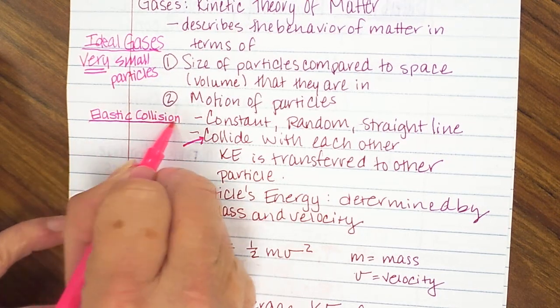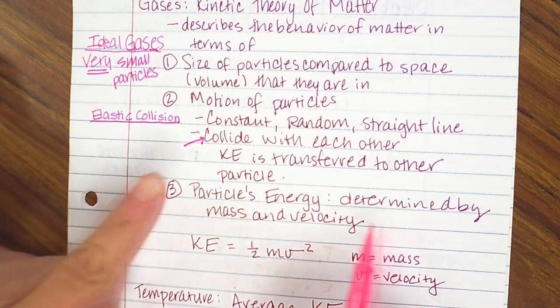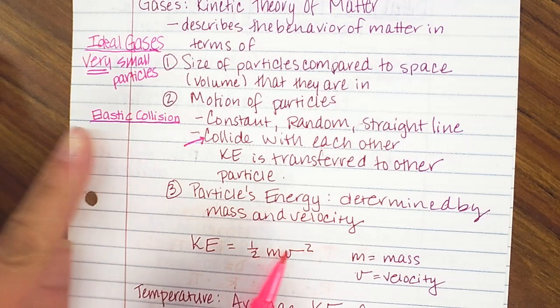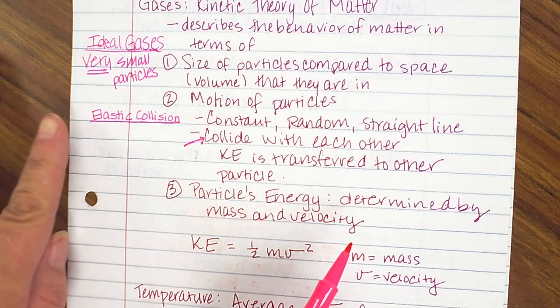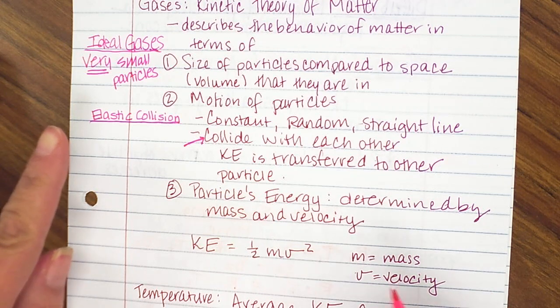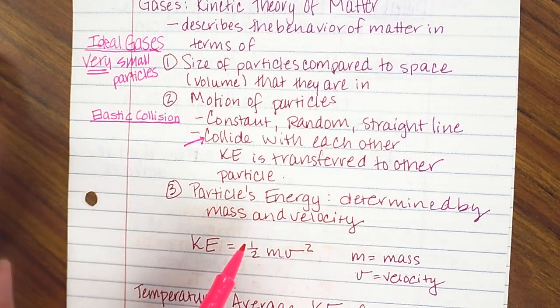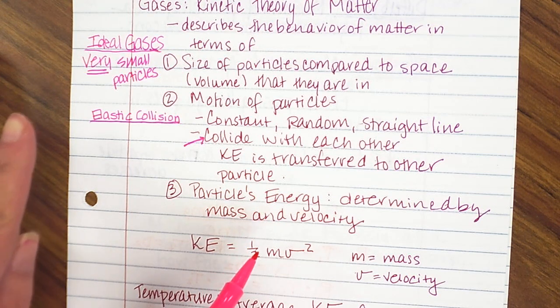Now, we did talk about pool balls and how the pool balls hit each other. But when that happens, not all the energy that pool ball A has is transferred into pool ball B. Does anybody know why? Pool ball A has energy, and pool ball A leaves, but it doesn't take with it all of its energy.